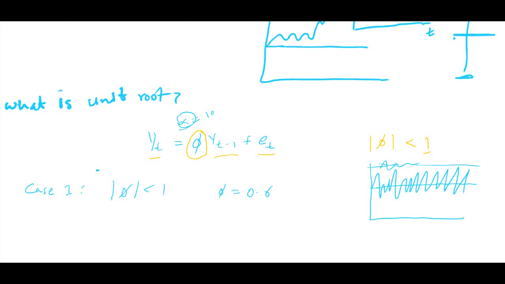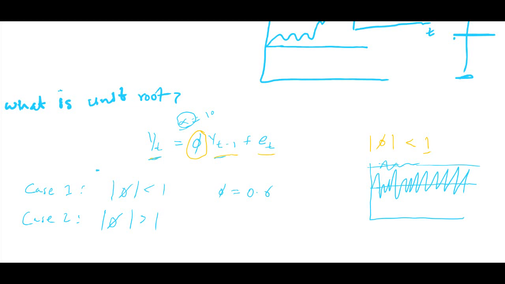Then we can have a second case, case number 2, the value of theta is greater than 1, and if it is greater than 1, each consequent value of yt will be greater than yt minus 1.